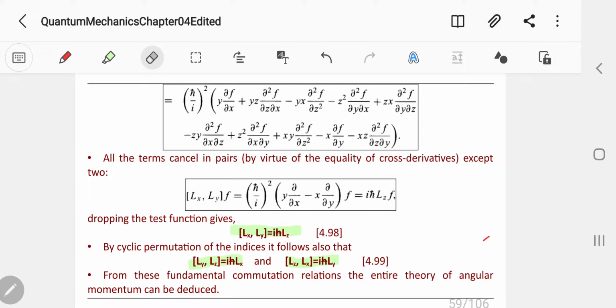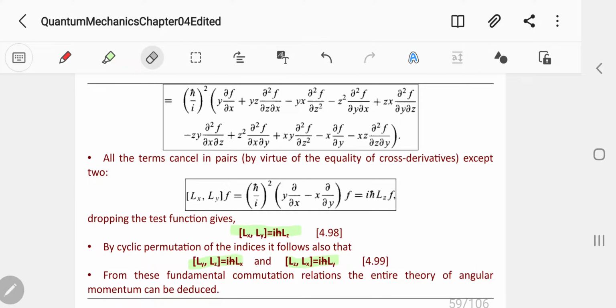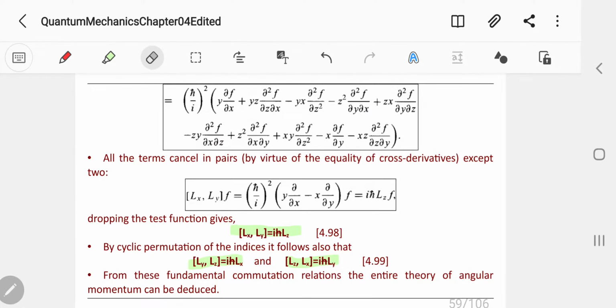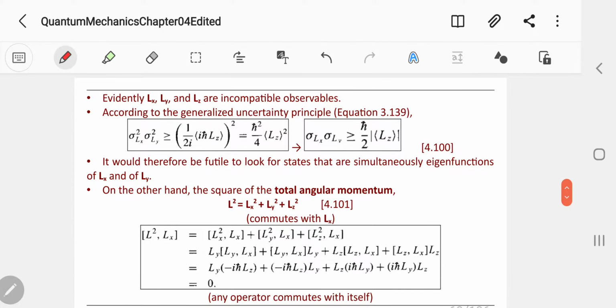From this fundamental commutation relation, the entire theory of angular momentum can be deduced. Therefore, the commutation relation between Lx and Ly is a constant times Lz.